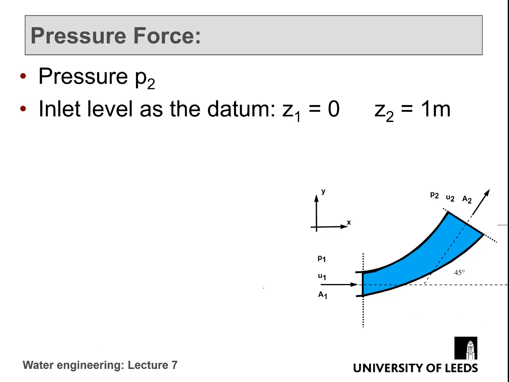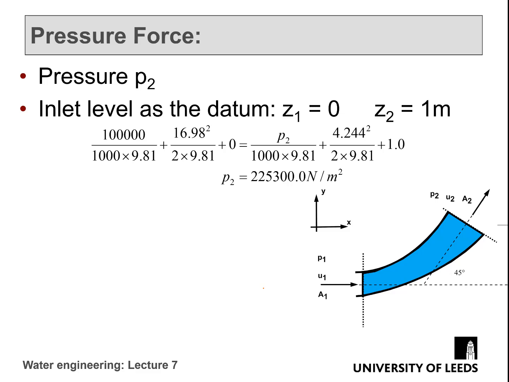There's a height rise between inlet and outlet of 1 metre. So if we take Z1 as 0, Z2 will be 1 metre, and we can put that into our equation. It comes out, for significant figures, at 225,300 newtons per metre squared.